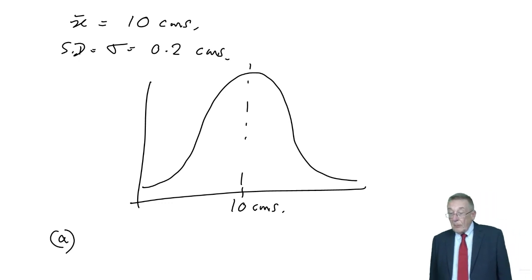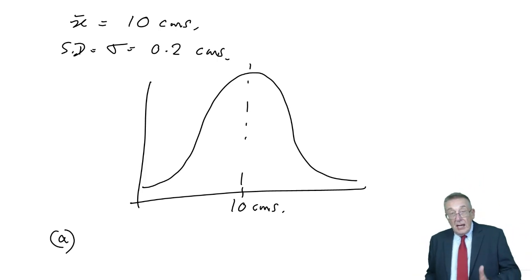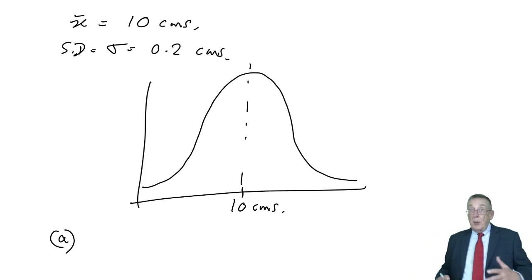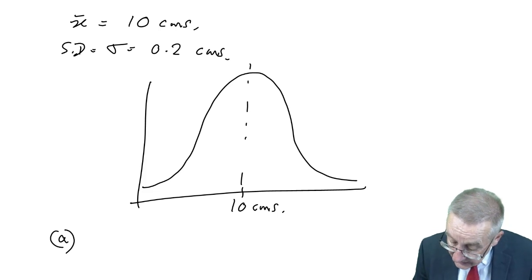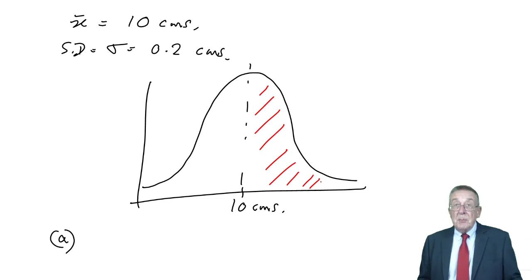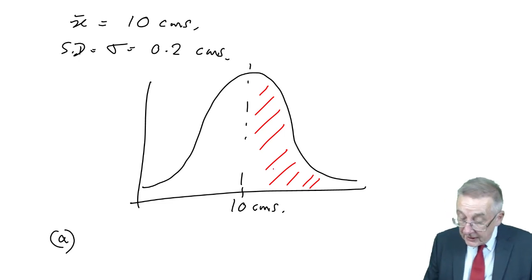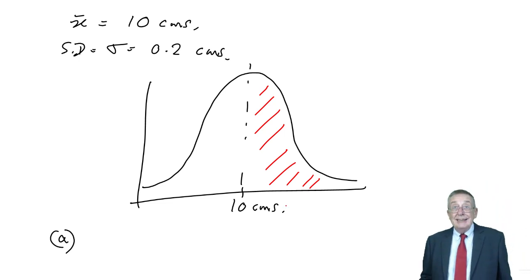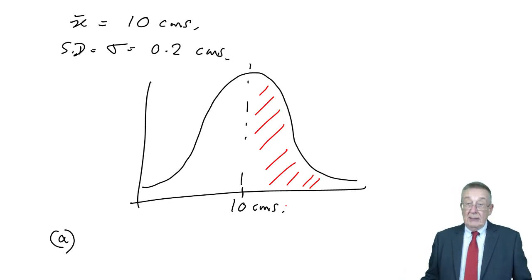Well, what do we want? Remember, the area under the curve is proportional to all the units. We want those that are more than 10 centimetres. Well, that area there is proportional to the number that are more than 10 centimetres. So we need to know what proportion the red area is compared to the total area.